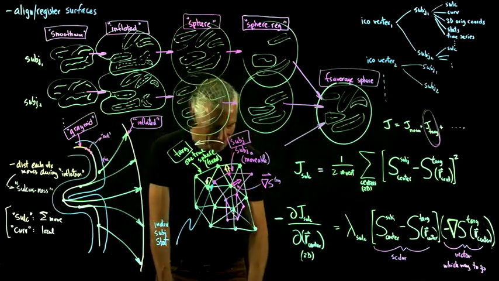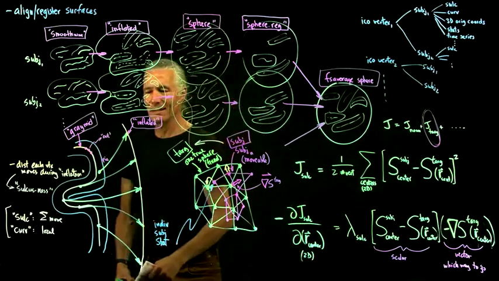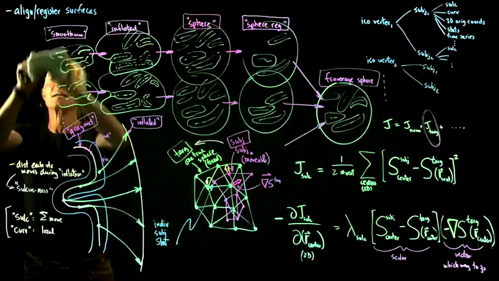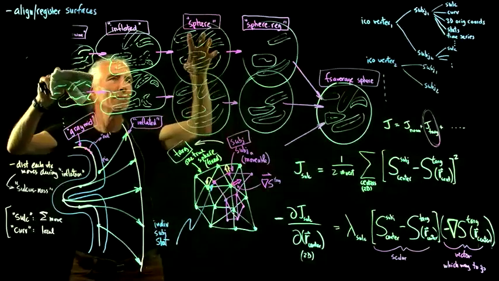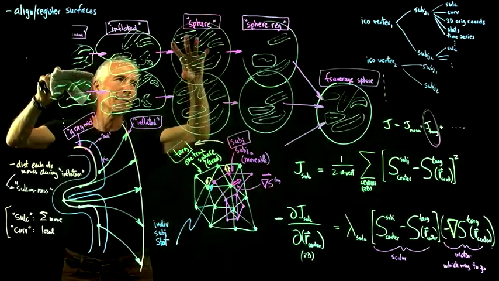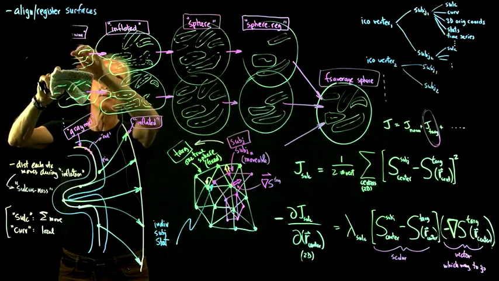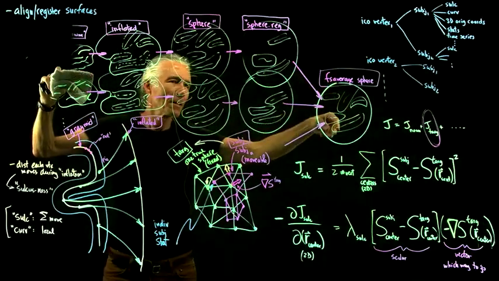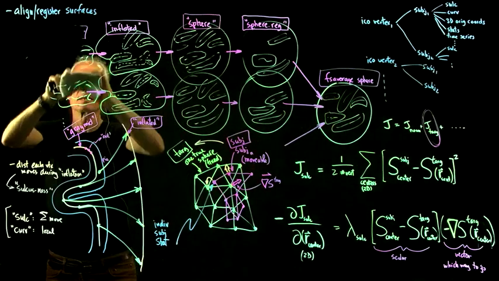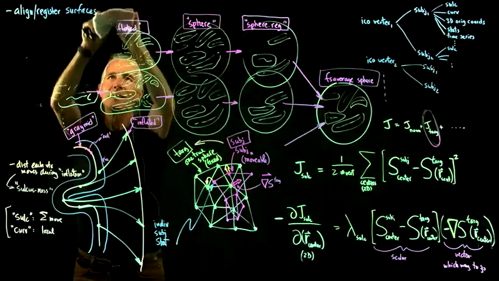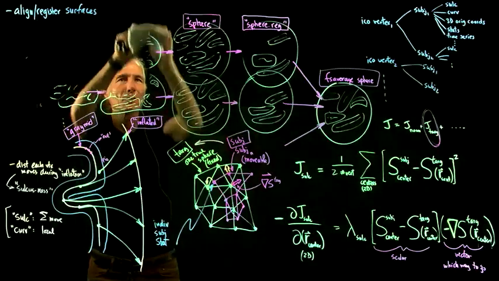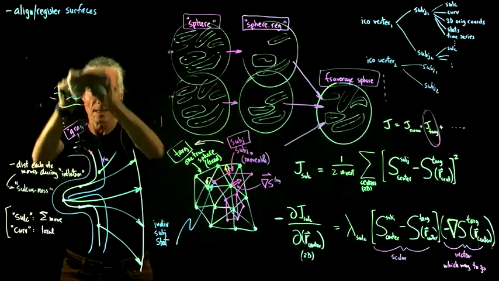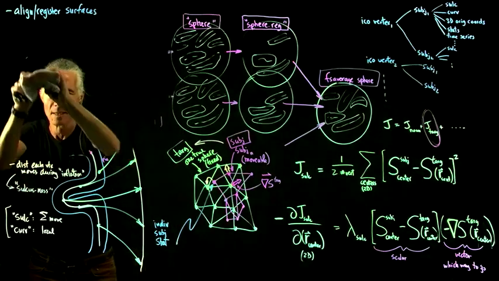Okay, so any questions about that? And you only have to do this once: if you get a subject, reconstruct them, inflate them, sphere them, register their sphere, and then put the data onto the one true sphere, you could collect multiple scans on a person, and you only have to do that process of aligning the brains once.